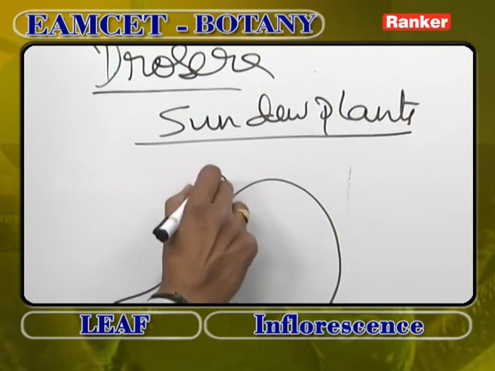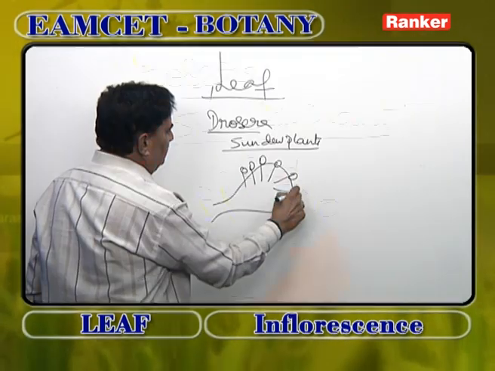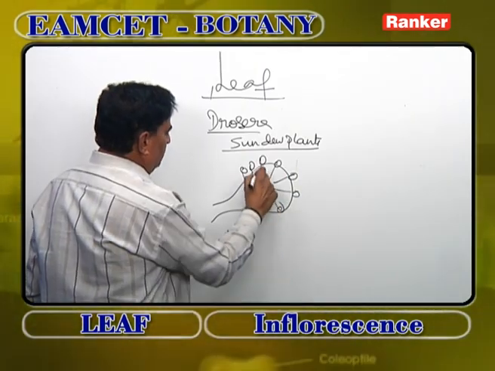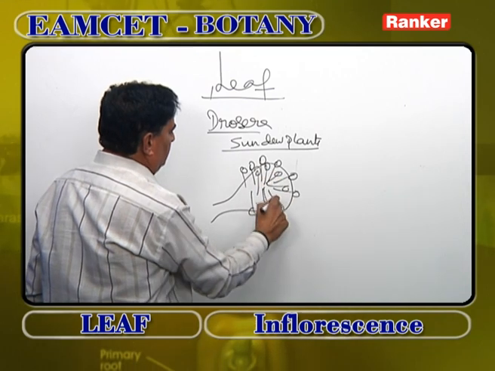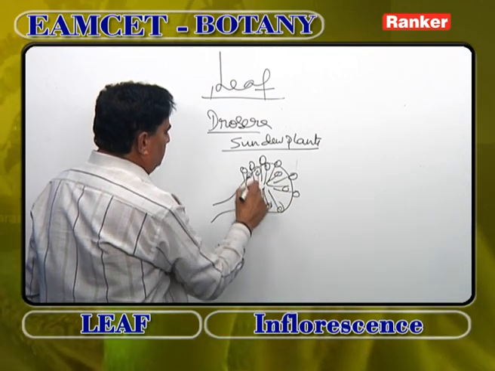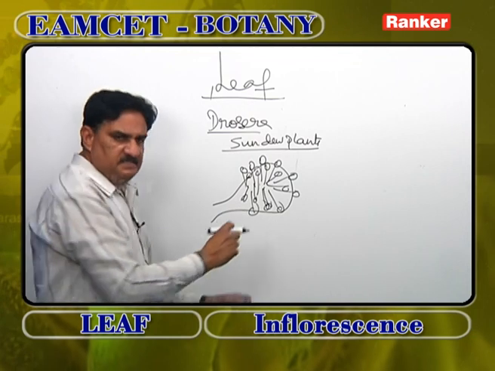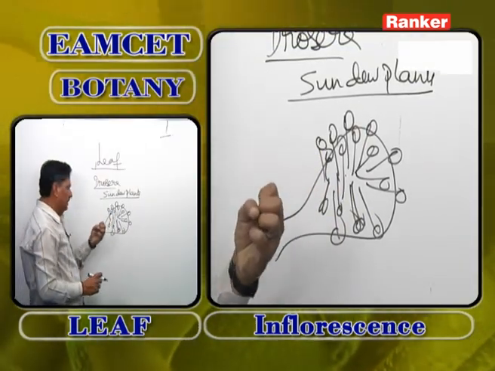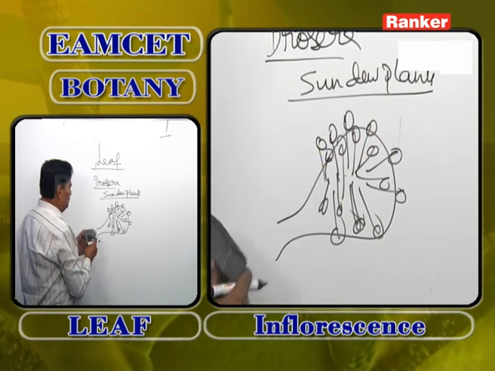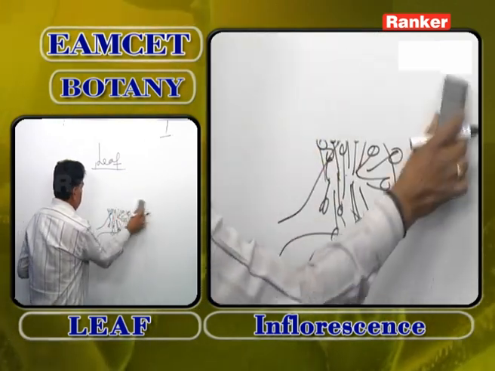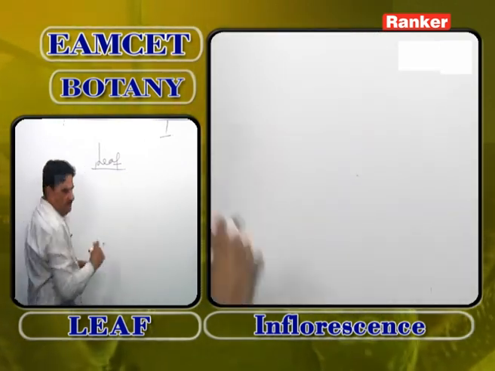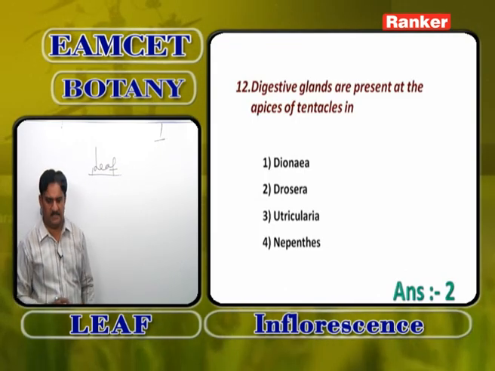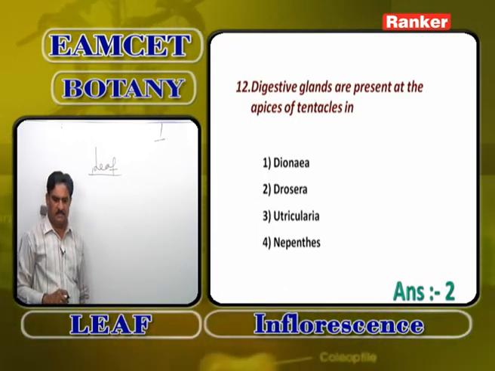On these spatulate leaves, you will find hundreds and hundreds of glandular tentacles. They secrete digestive juices. When an insect comes and sits on the spatulate leaf, all these tentacles close, kill the insect, secrete the juices, and ultimately digest the insect. So, digestive glands are present at the apices of the tentacles in Drosera.